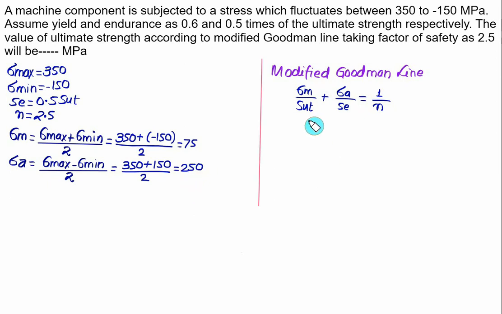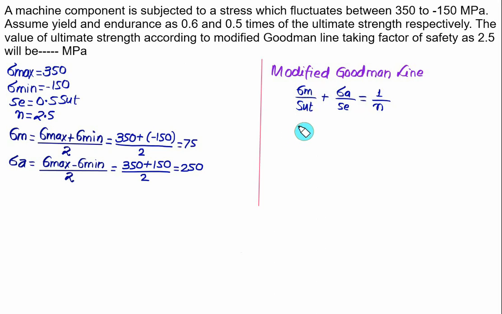In the modified Goodman line, we know the value of sigma mean, that is 75, sigma amplitude equal to 250. SUT you have to calculate. Endurance strength is given in the form of SUT and the factor of safety is 2.5. So only one unknown is left that can be solved comfortably.